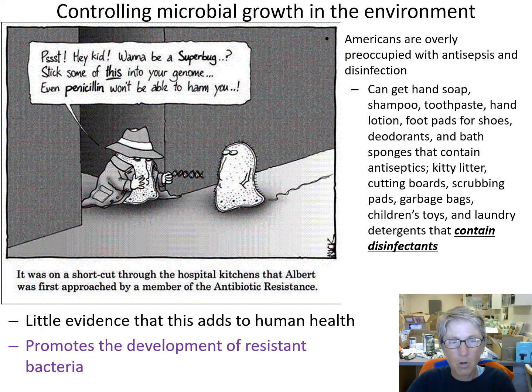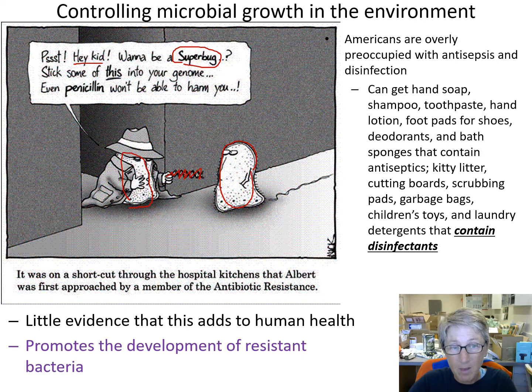So check out this cartoon. Clearly, this is bacteria in a fedora and a trench coat, and this is another bacteria. The guy in the fedora has this piece of DNA, and he says, "Hey kid, want to be a superbug?